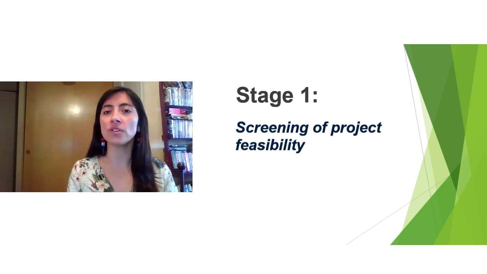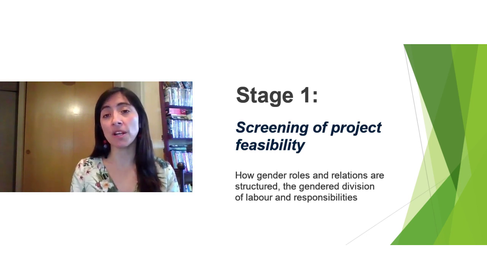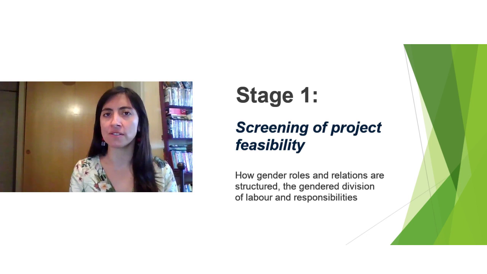During this stage, you have to conduct gender analysis based on data collected through reconnaissance surveys in the project affected area to understand gender issues in terms of how gender roles and relations are structured, how they function, and the gender division of labor and responsibilities, how livelihoods of women and girls are structured in the specific context, how is the income distribution between men and women, which are the existing health issues and the gender prevalence, and the dependence on natural resources and the gender difference between the dependency of men and women on these resources.